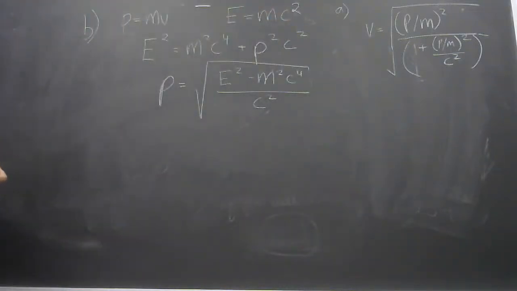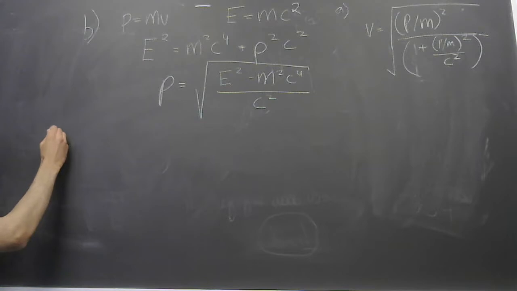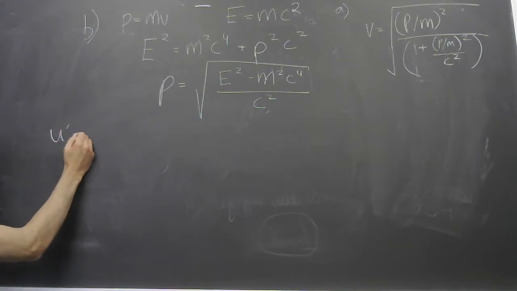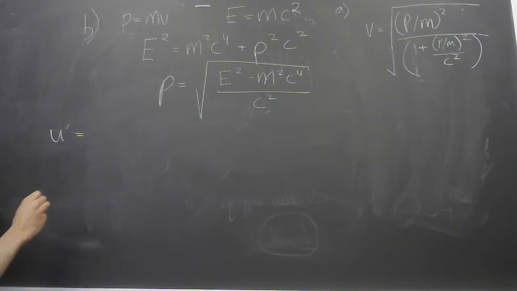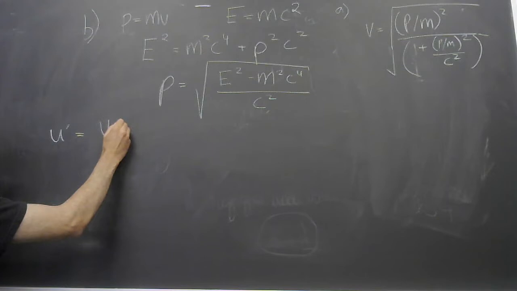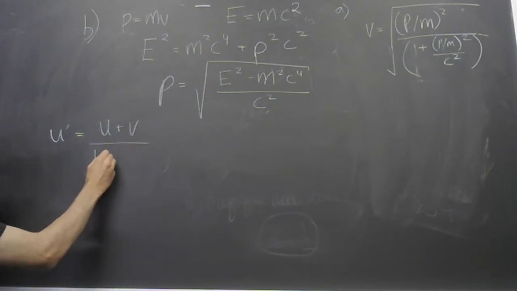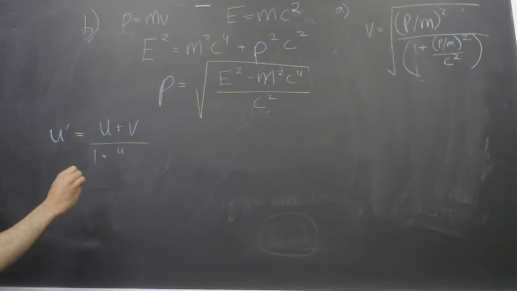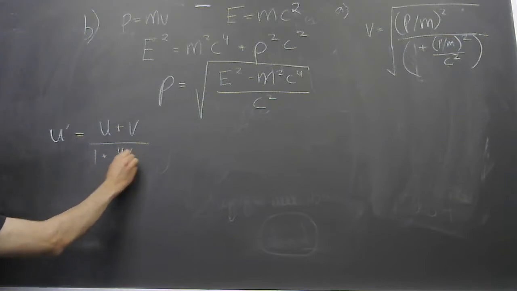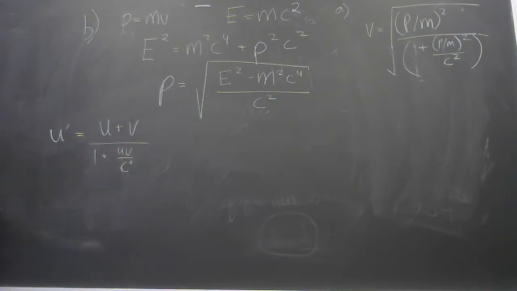That equation is U prime equals U plus V, divided by 1 plus U times V divided by c squared.